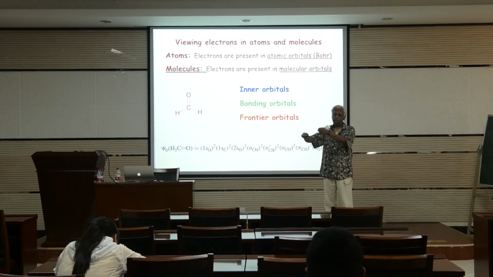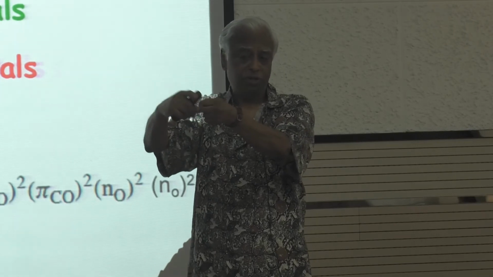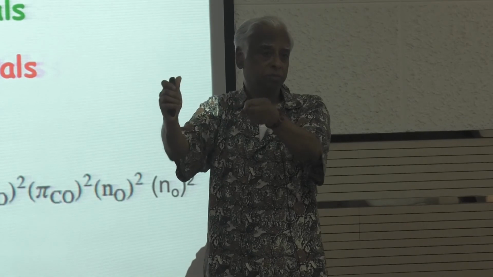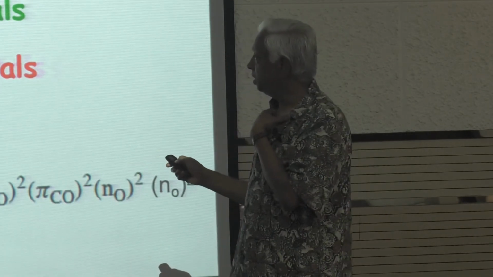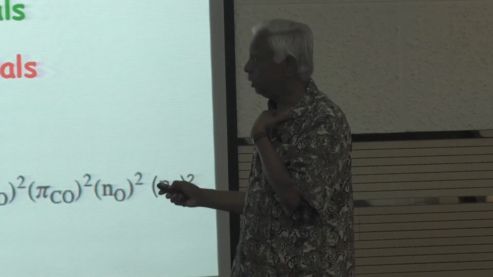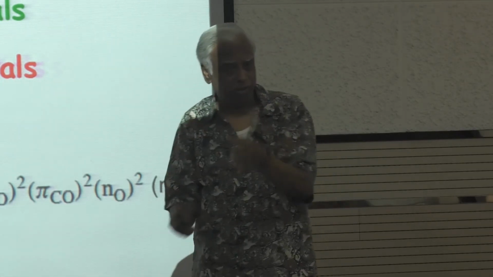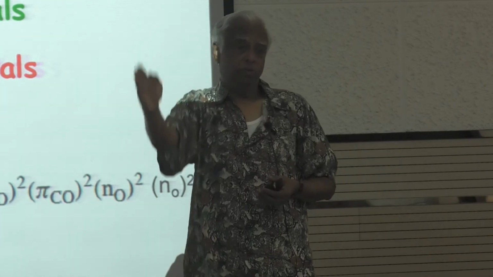So there are some electrons far away from the nuclei, and some electrons closer to the nuclei. If something comes closer, the electrons which are far away will be affected, and the ones closer to the nuclei are not going to be affected. So we call them inner orbitals, the bonding orbitals, that is the ones bonding these two, and the frontier orbital, the frontier being the one way outside.